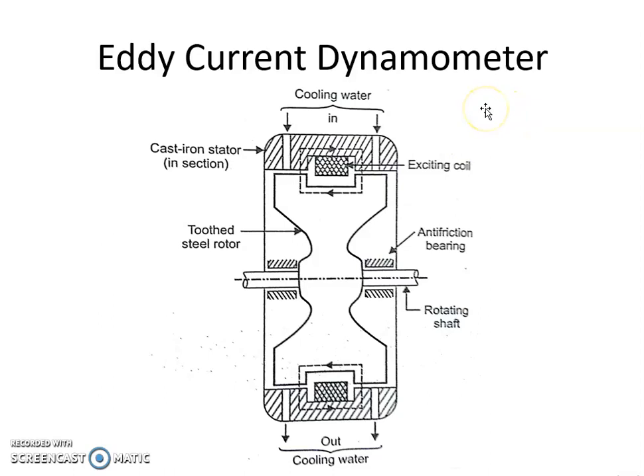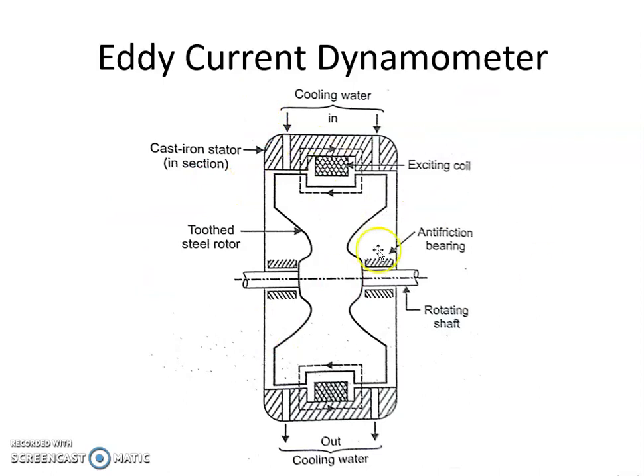It works on the principle that when an isolated conductor cuts across magnetic flux, voltage is induced in that conductor, and because of that eddy currents flow in a short circular path within the conductor, and these eddy currents get dissipated in the form of heat. Here the shaft power is calculated in terms of eddy current. Shaft power is directly proportional to eddy current.